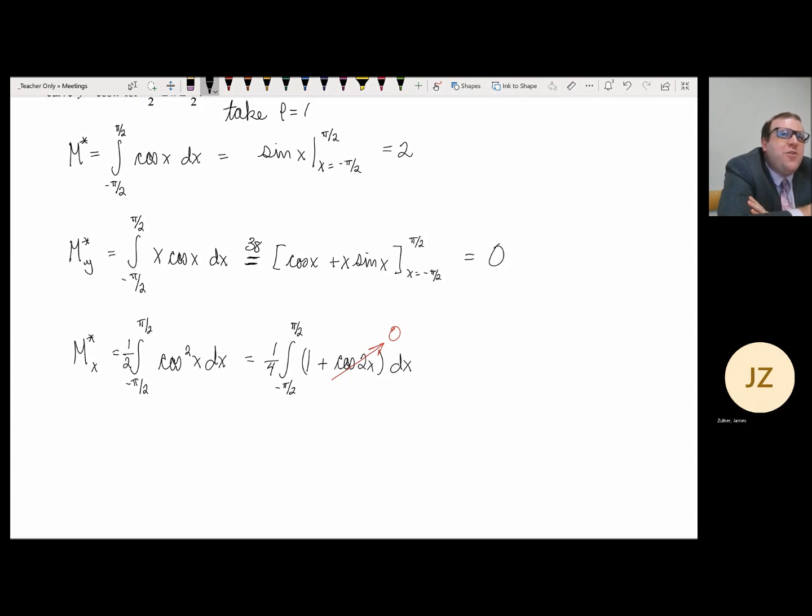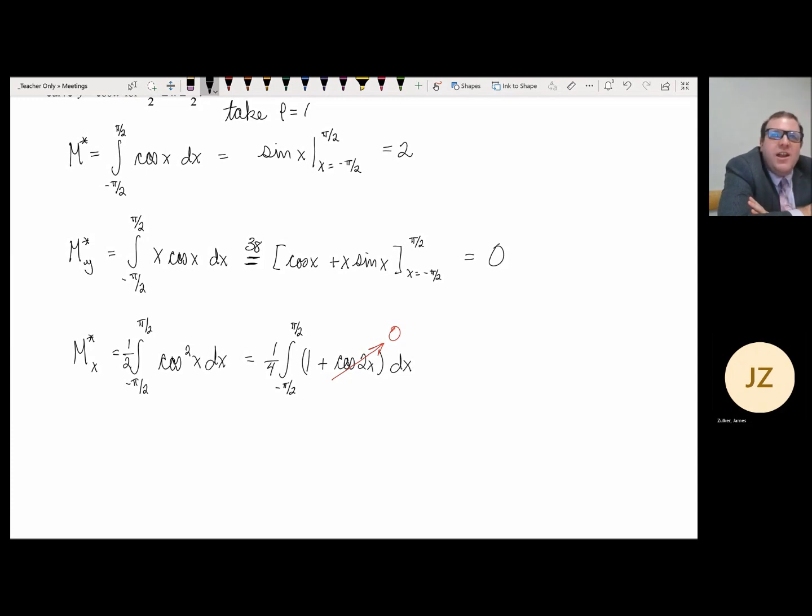If you integrate over any multiple of a period of a periodic function, it's automatically 0. That is a useful property, and one that I will be making use of quite often, especially if you take Calc 3 with me. It's one I use very often in Calc 3.